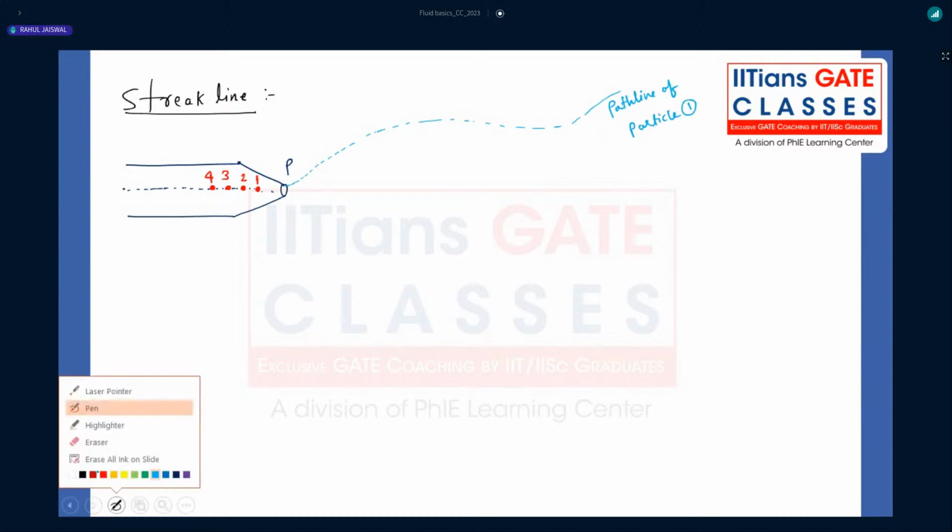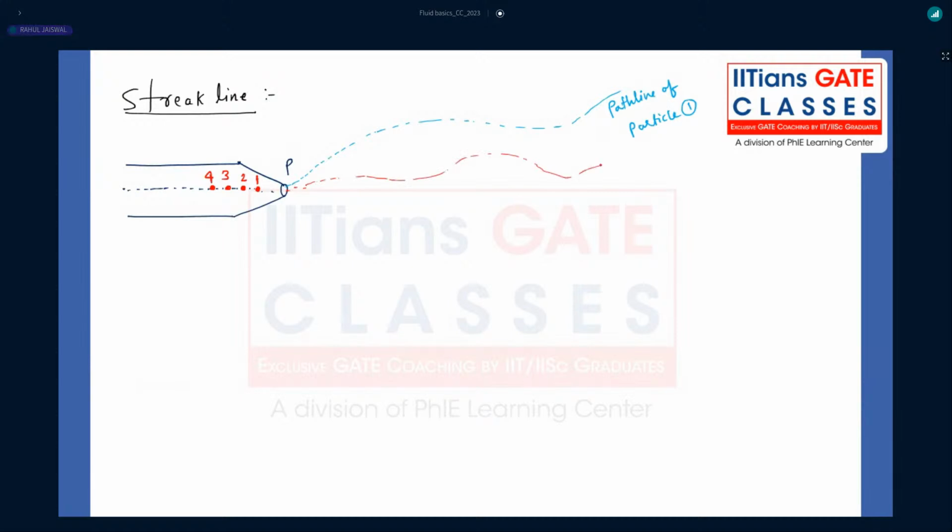What about the second particle? The second particle is also being injected. What is the path traveled by the second fluid particle? It may travel like this. This is the path line of particle 2. The third fluid particle which is being injected may follow like this.